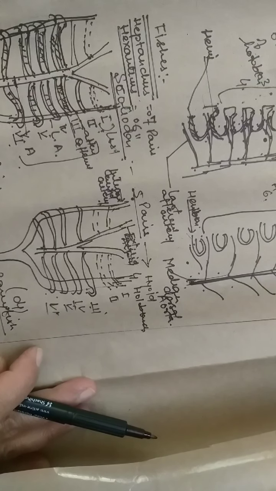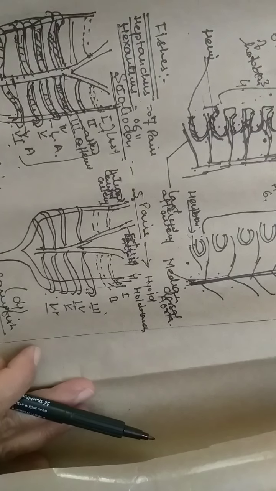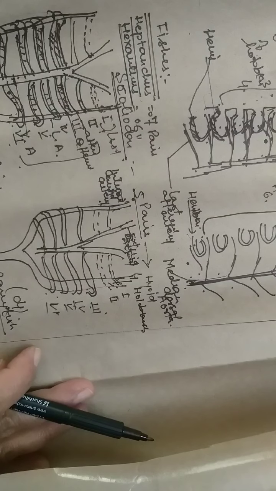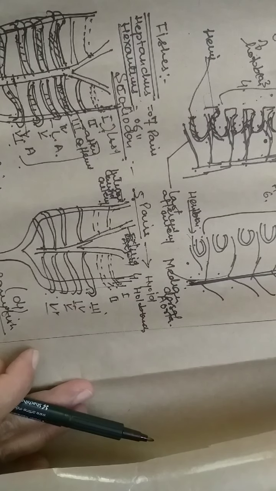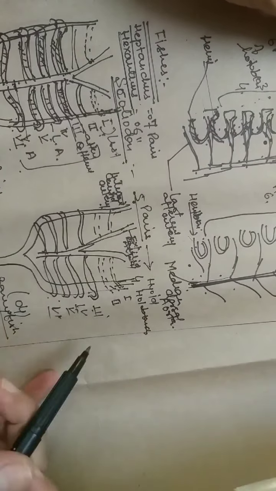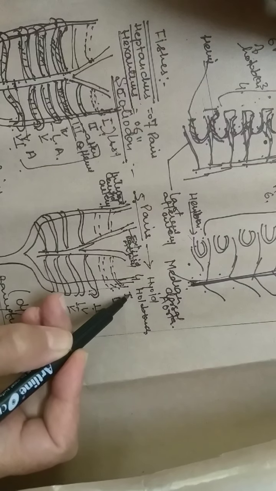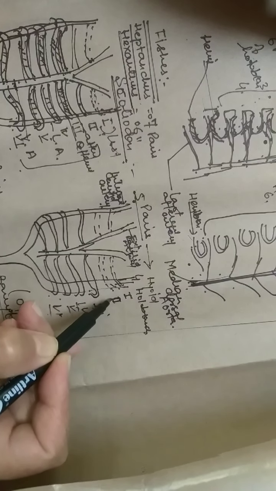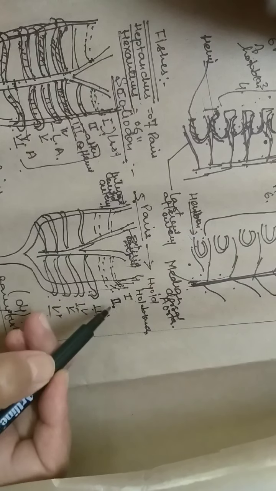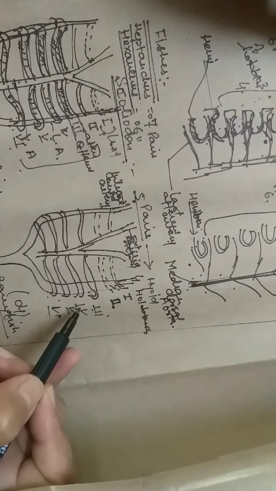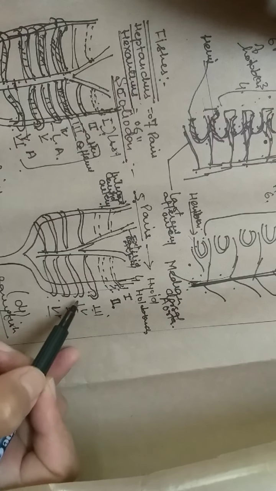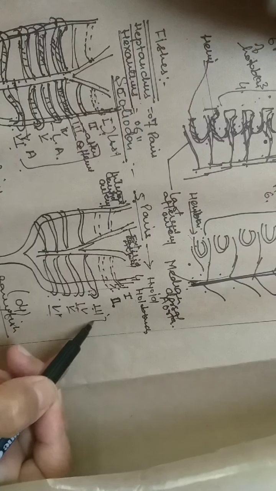Now what happens in bony fish? The basic plan is similar, that is 6 pairs, but here the first 2 pairs are lost, and it is left with third, fourth, fifth and sixth.